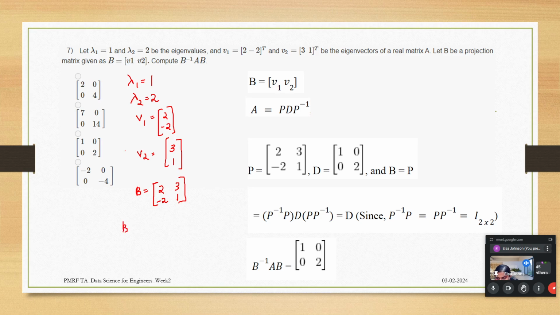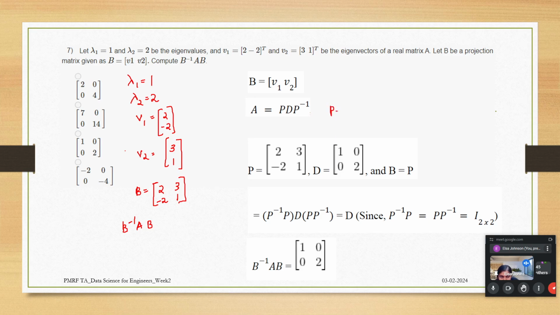We have to compute B inverse A B. You might have learned earlier that a matrix A can be written in the form P D P inverse. So here, P denotes B itself.